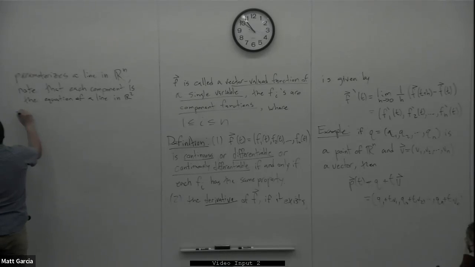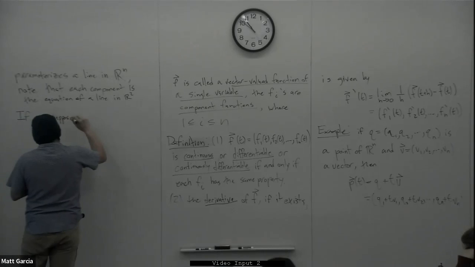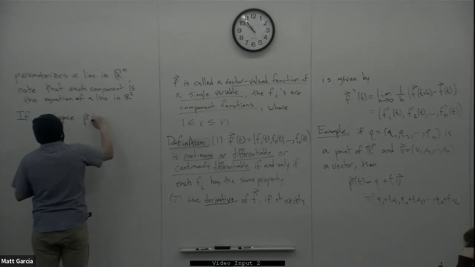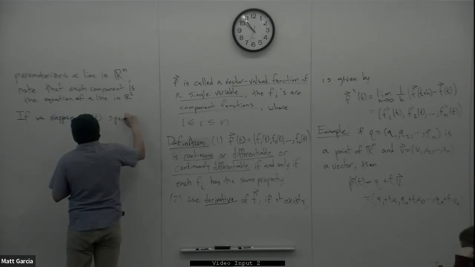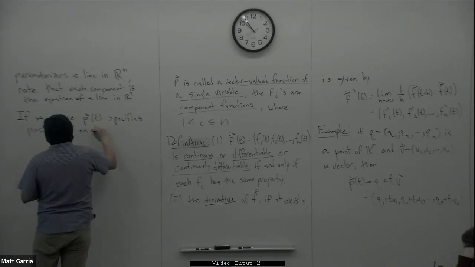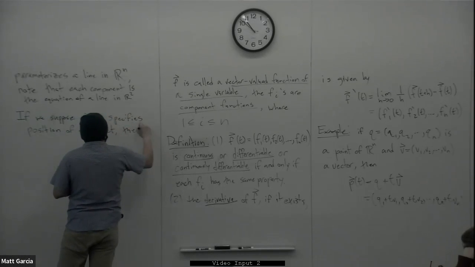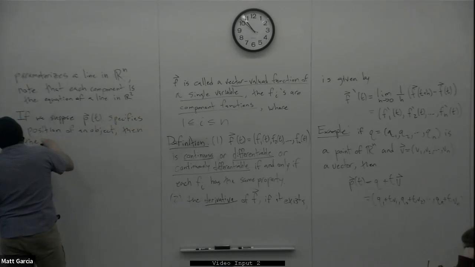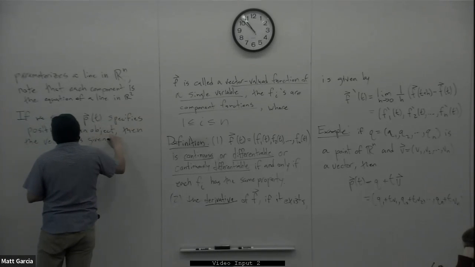Good. So if we suppose p hat of t specifies the position of an object, then the velocity is given as what?